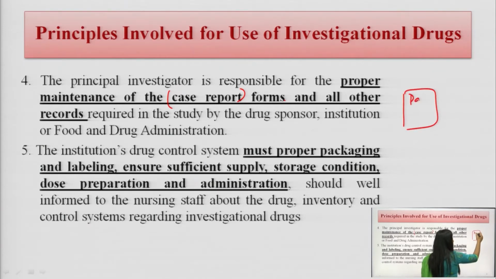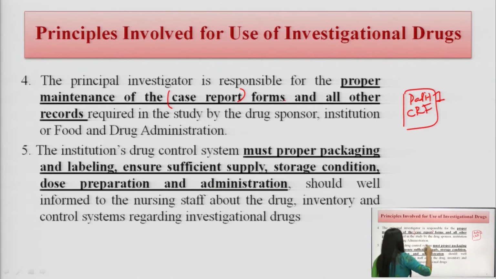There could be different case report forms. For patient number 1, there could be CRF number 1. For patient number 2, there is another case report form. Similarly, they will collect the case report forms: whatever medication is given to patient number 1, how many times it is given, and what effects are reported. So they will maintain it.